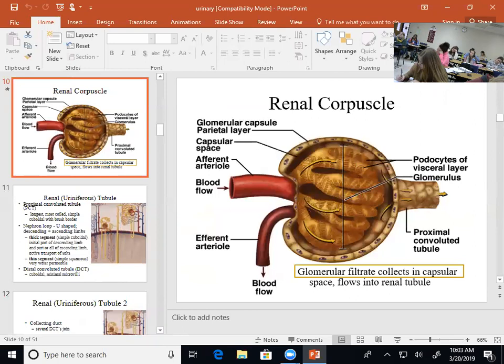Your glomeruli, those filters, those pore sizes, should not be allowing blood cells or proteins to be moving through. So should there be proteins in your urine? All right, if you've used a filter and you pour things too fast or hard onto that filter, what can happen to the pores?